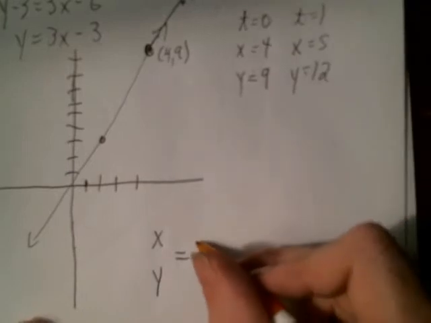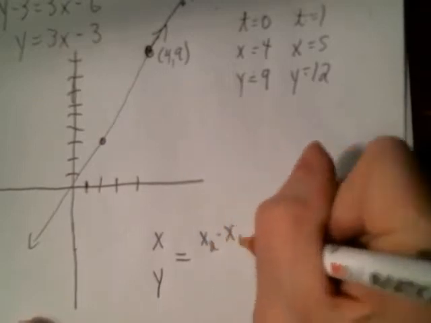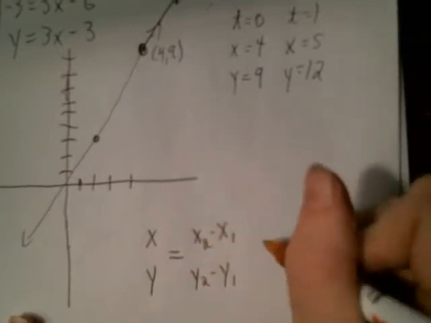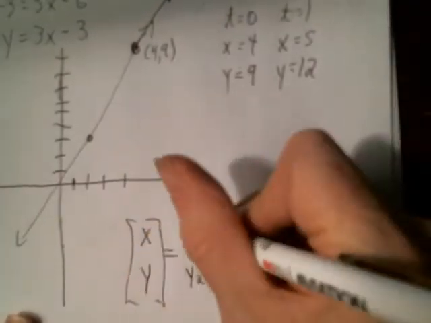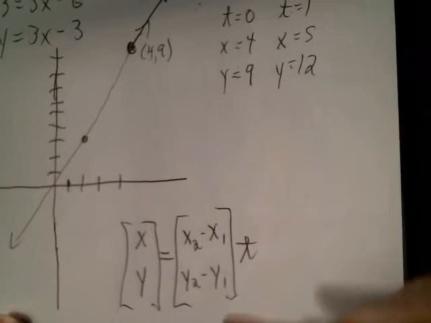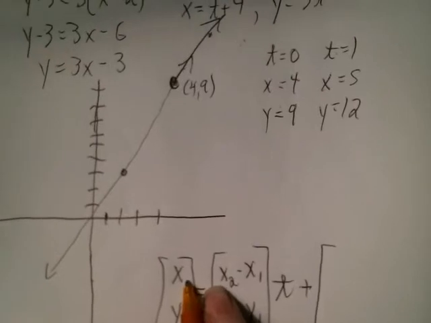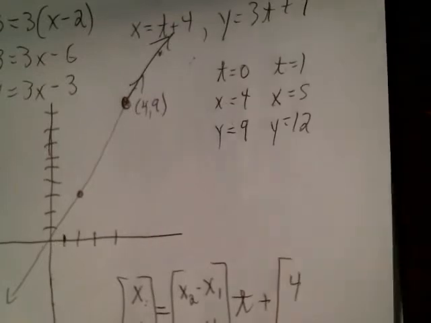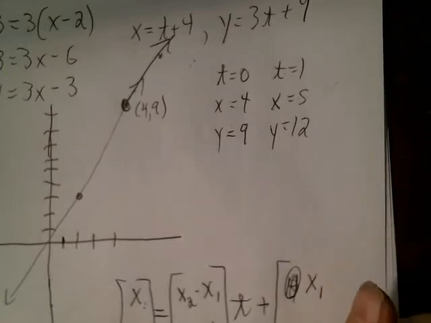And then the x formula will have an x slope, so you can write x2 minus x1. And the y formula will have a y slope, so you could write y2 minus y1 times t. So we can maybe write it like this, and then plus a particular point on that x point. So we could pick 4, but in general, we'll say x1 and y1, or x2 and y2, or whatever you want.